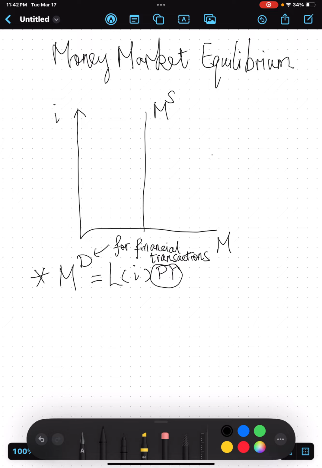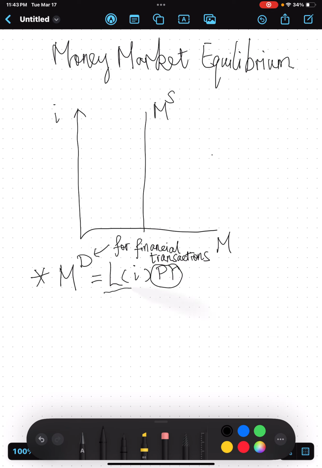Let's say that you made $1,000 and you prefer to hold 20% cash. This is the weight, the liquidity preference, that you apply on your nominal income.